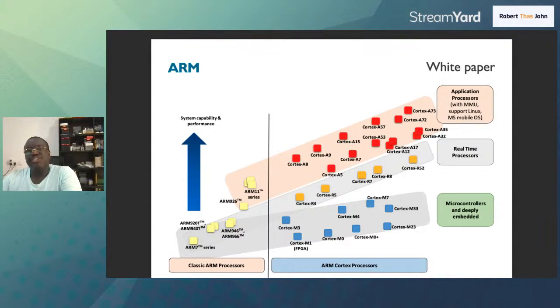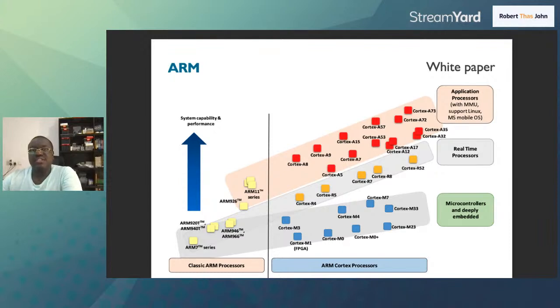The orange ones are real-time processors. So you find them where you need to have real-time clocks in operation, such as in automotive applications.